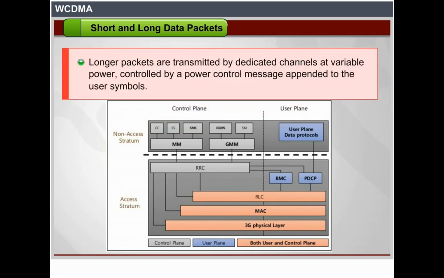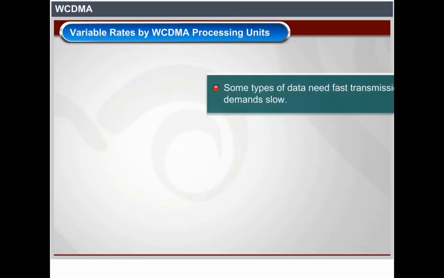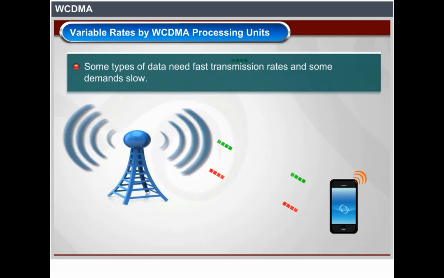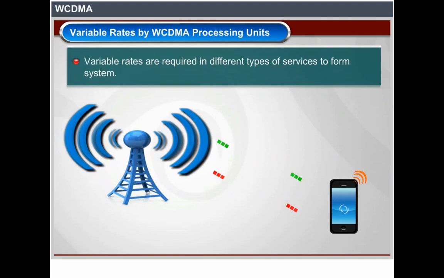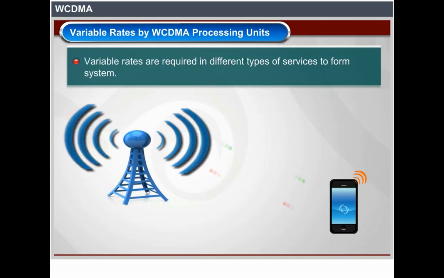Longer packets are transmitted by dedicated channels at variable power, controlled by a power control message appended to the user symbols. Variable rates by WCDMA processing units. Some types of data need fast transmission rates and some slow. Variable rates are required in different types of services to form the system.